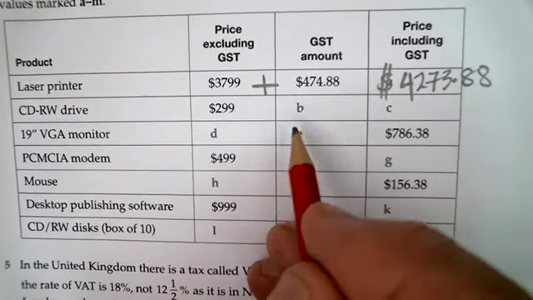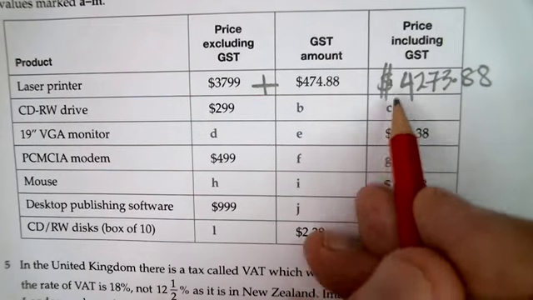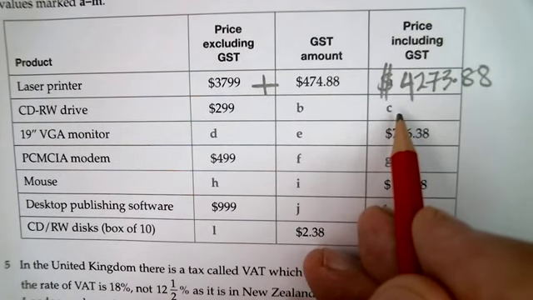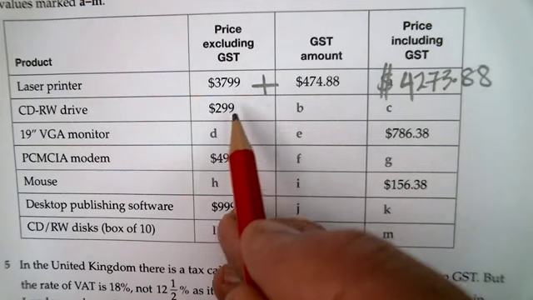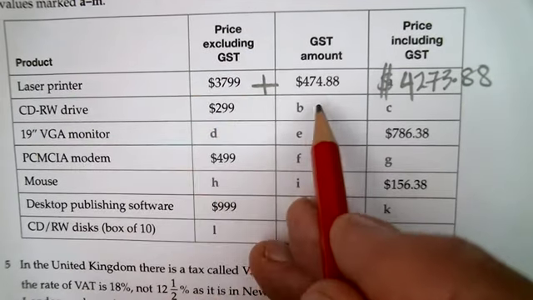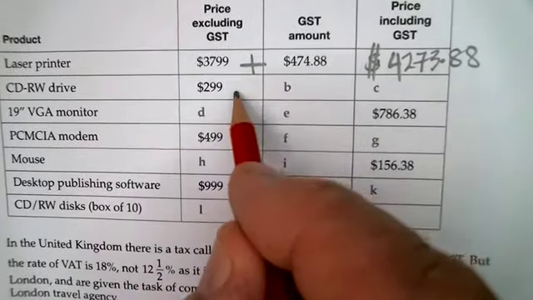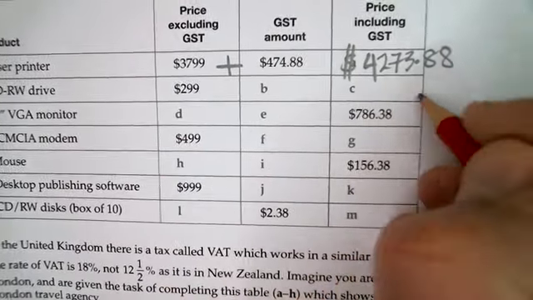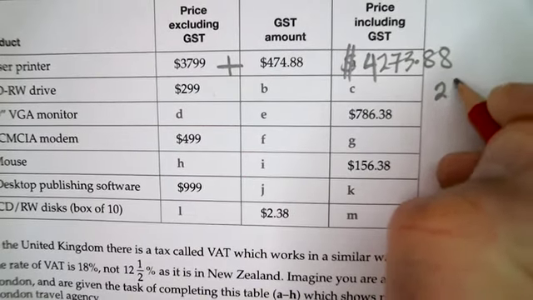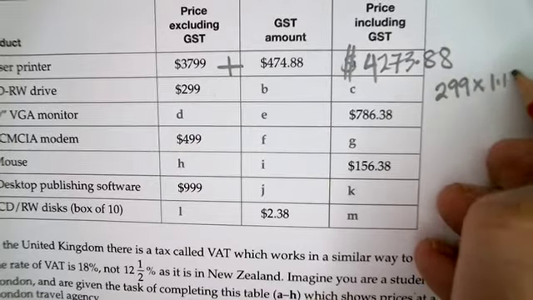Second one, though, we have a price, but we don't have the GST amount. We also don't have the price including GST. So the first thing I'm going to do is take this bit here, add GST to it, and then work out the amount. So we've got $2.99. To find this bit out here, I'm going to take the $2.99 and multiply it by 1.15.